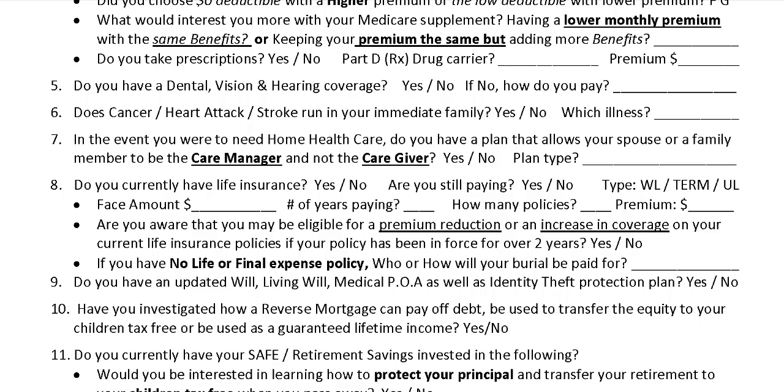Number 10, have you investigated how a reverse mortgage can pay off your debts, be used to transfer your equity to your children tax-free, or be used as a guaranteed lifetime income? There's a lot of misunderstanding on reverse mortgage, and we'll get into that a little bit more later, but the simple fact of the matter is there's a lot of people that are financially poor but house rich.